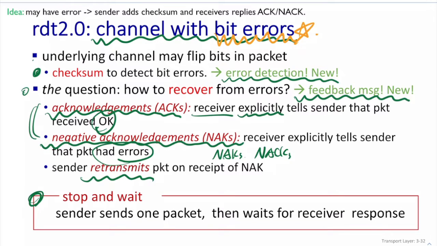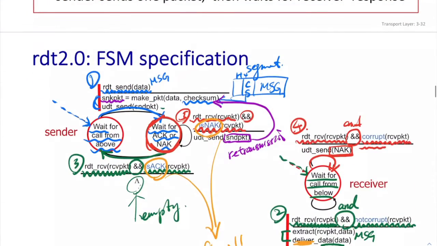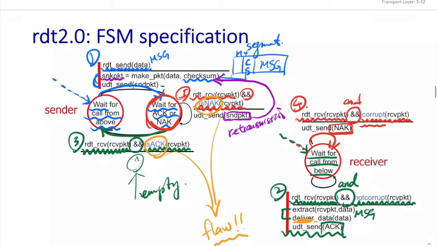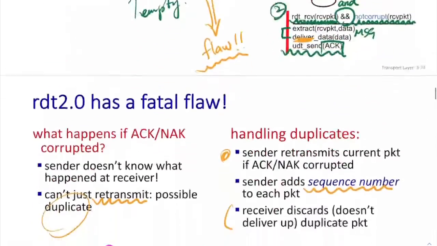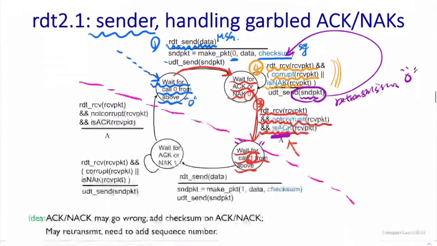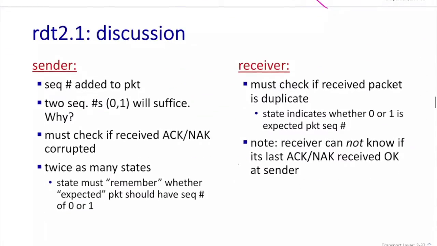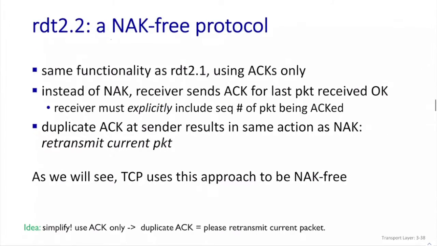But we have talked about some implementation of RDT 2.0, and we see that there is a fatal flaw, because the acknowledgement and the negative acknowledgement should be checked again at the sender side when the sender receives them. So we have 2.1, and now we have 2.2.